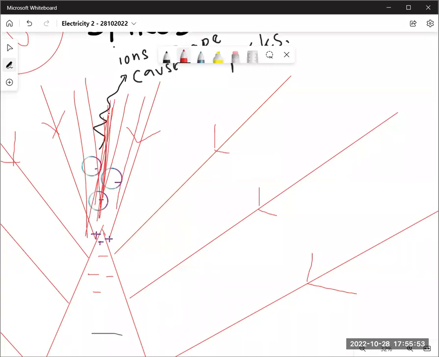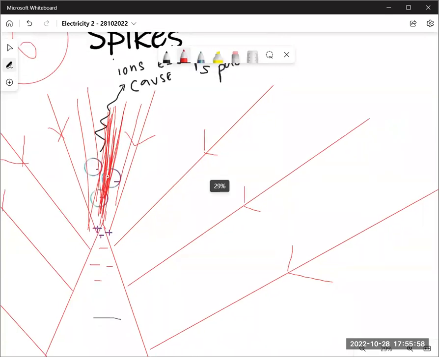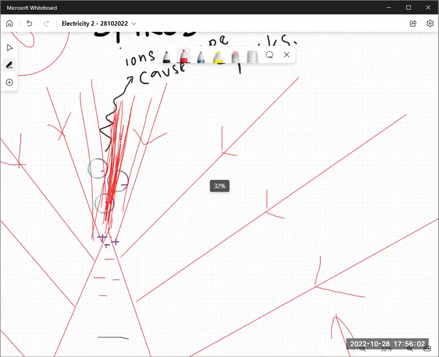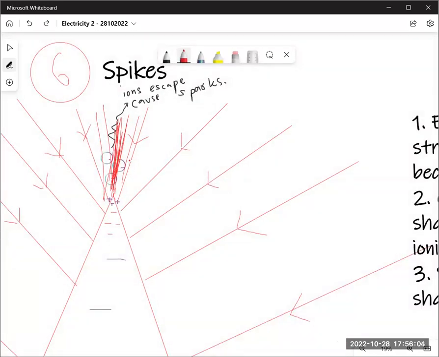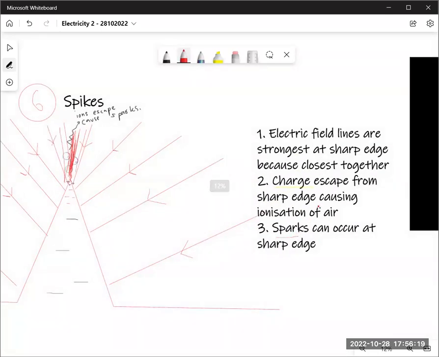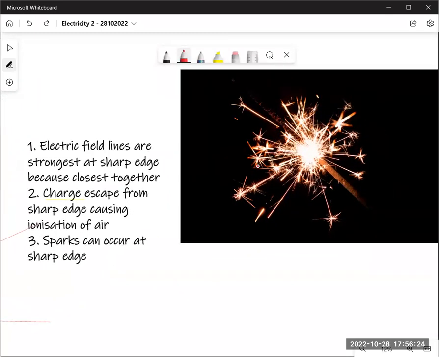Look how far apart they are here, and at this sharp point they're literally next to each other. What that causes is air becomes ions. Why does it become ions? Because the electric field is so strong that the electrons and everything are pulled from the air itself. And what that does is it causes sparks. Those charges that escape from the surface, we see that as spark right here.